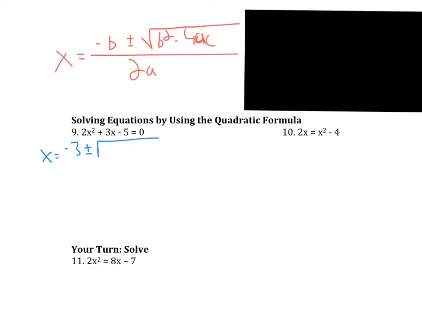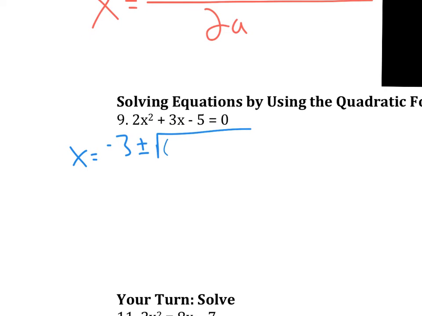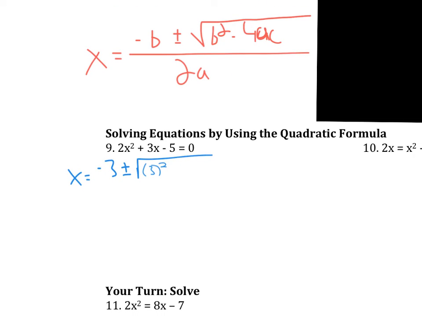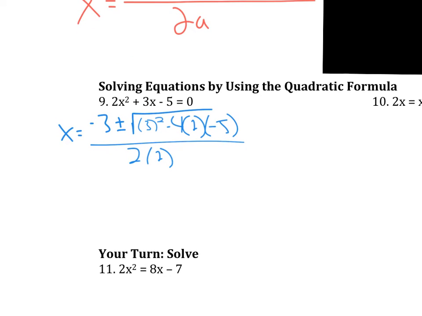Let me write it with parentheses here. And then minus 4 times a, which is 2, times c, which is negative 5, all over 2a, which is 2. And then from here, we simplify.